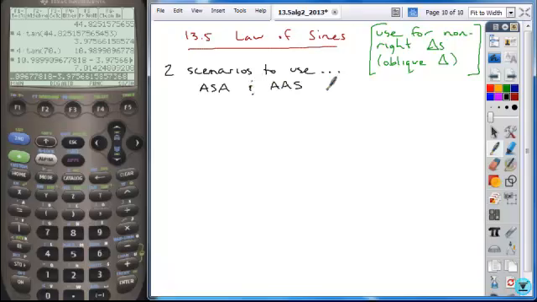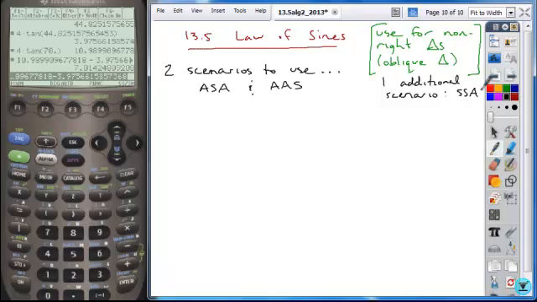There's an additional scenario that we would use this for, and that's SSA. We'll talk about that in a little bit if there's time, but the two I want to focus on right now are ASA and AAS.